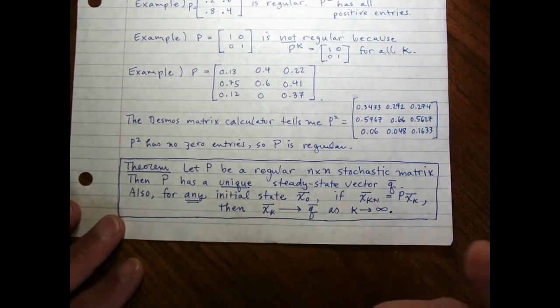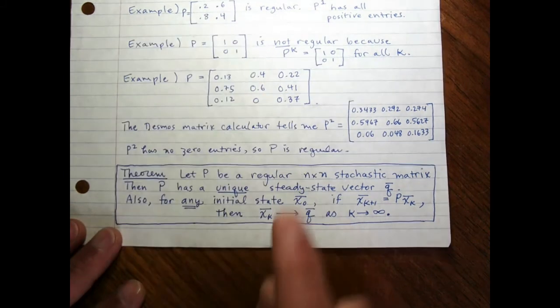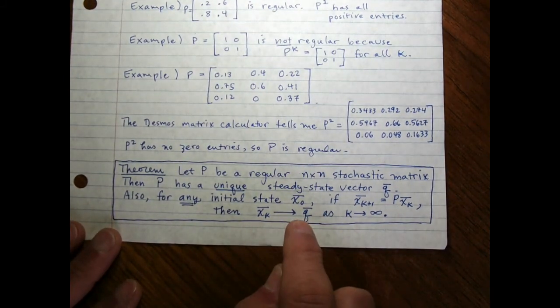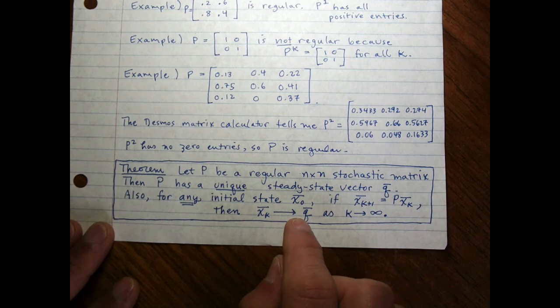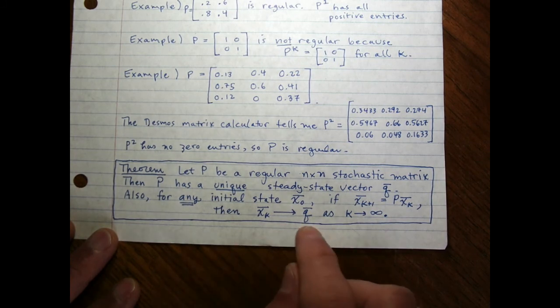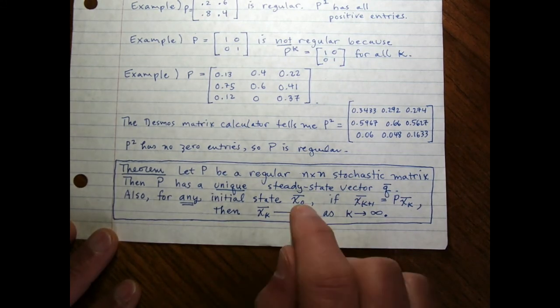So in our breakfast example, we did have a regular stochastic matrix, and so that steady state vector is unique, which means given any initial x0 vector, any initial probability vector, the situation will always approach the steady state vector Q no matter what.